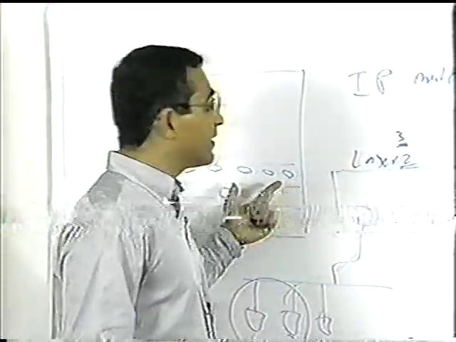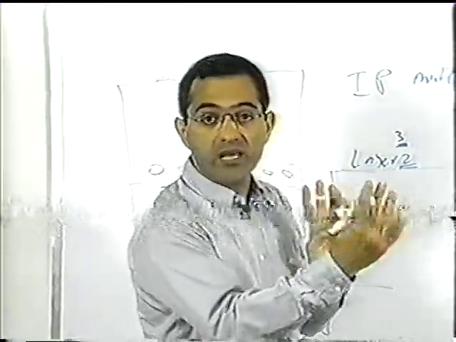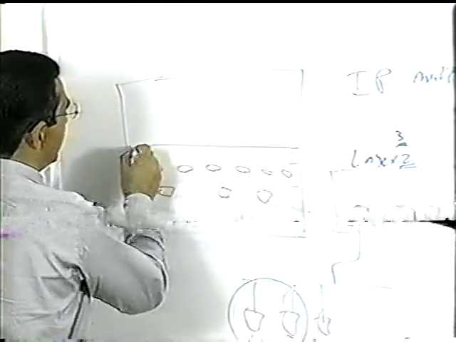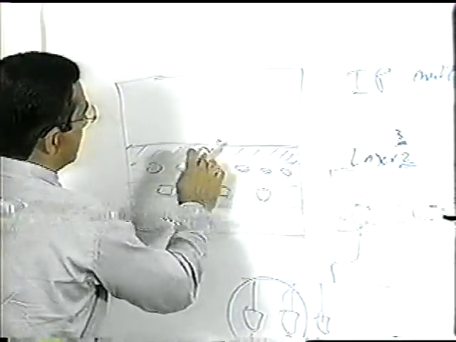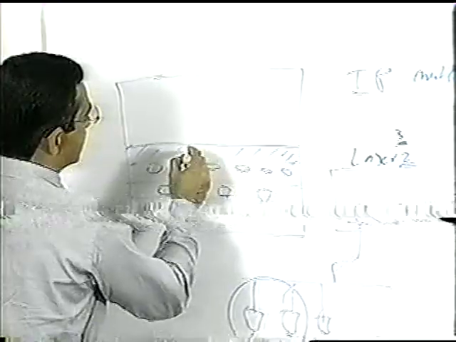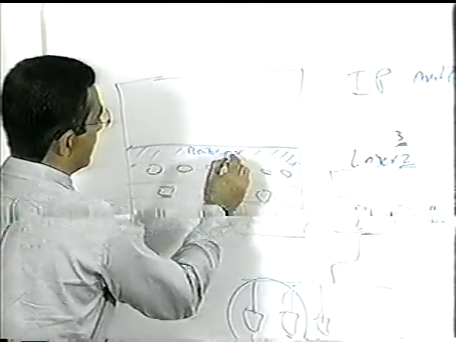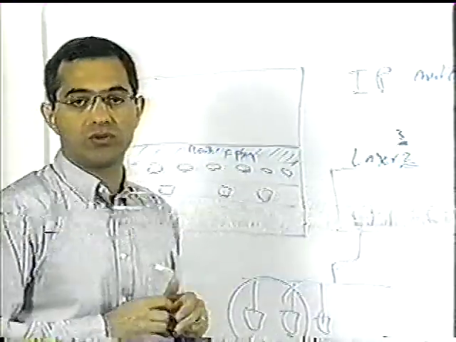However, whatever that packet is, it is encapsulated in the Ethernet frame. Then we have another board here, which acts like a router, but we call it the frame processing module.